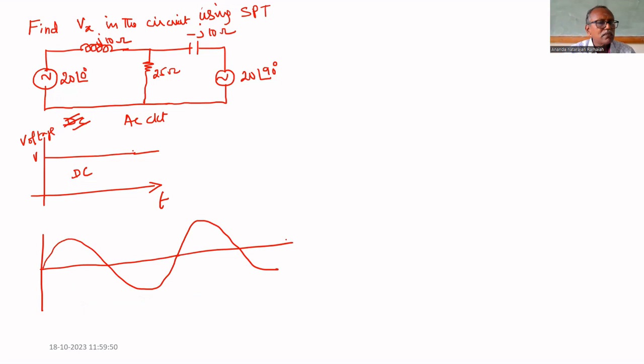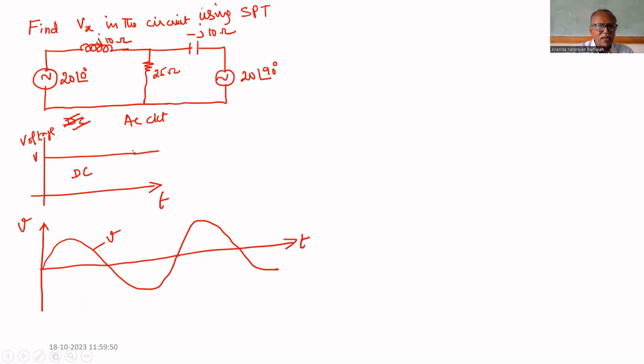This is AC. What is the difference? It is varying with respect to time. The voltage is not constant.